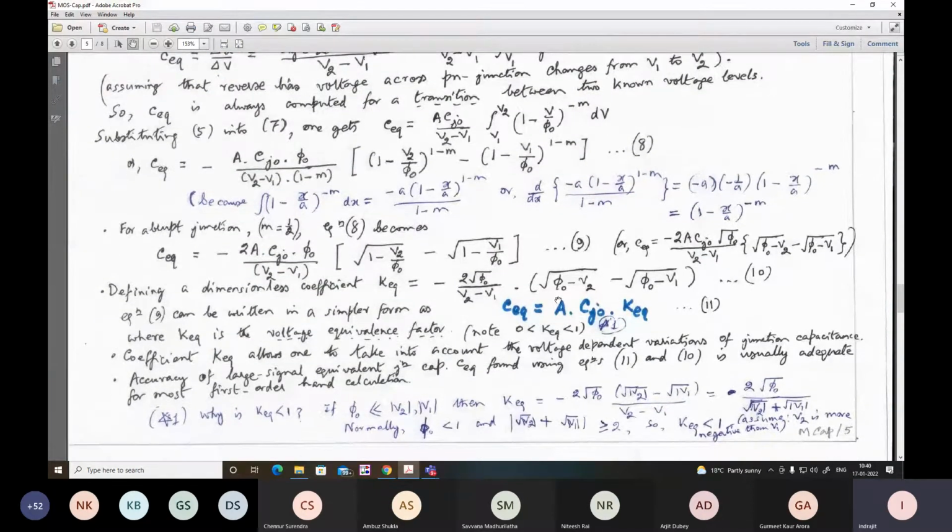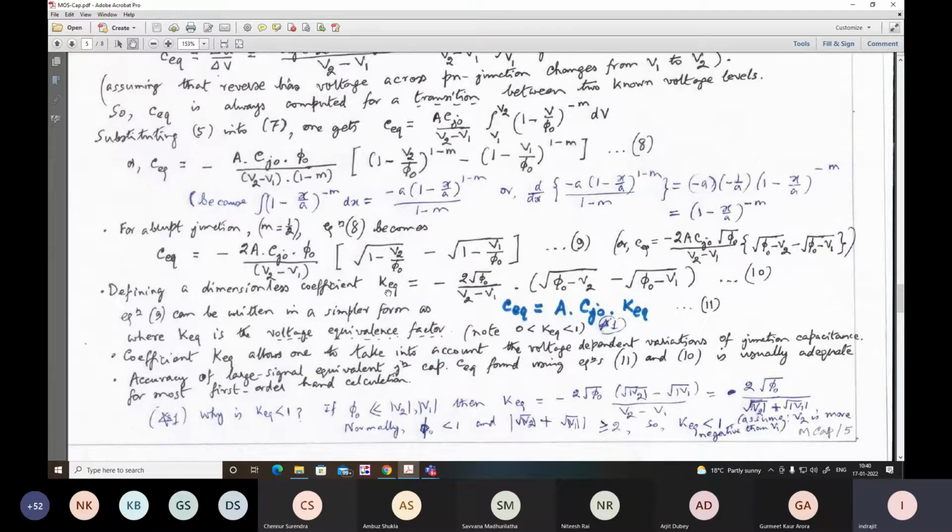This K subscript EQ is what we call the voltage equivalence factor, and it is positive, although the expression involves a negative sign. Also, the numerical value is almost always found to be less than 1.